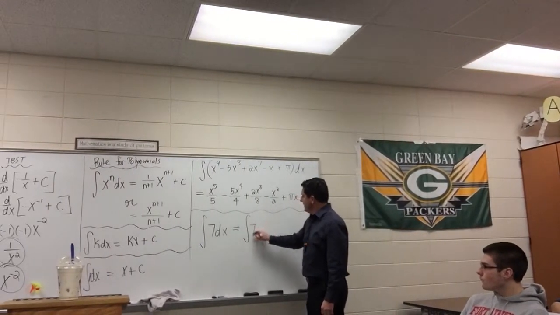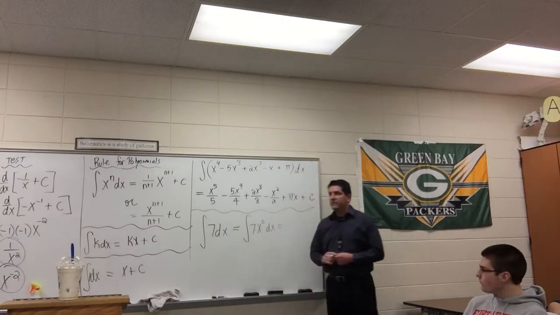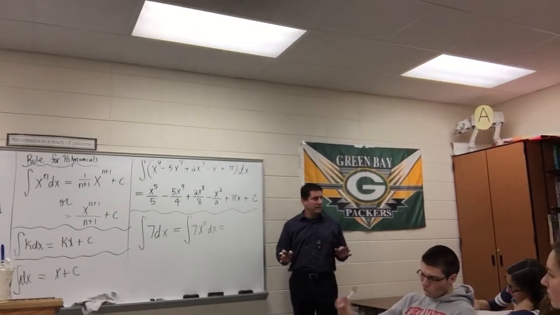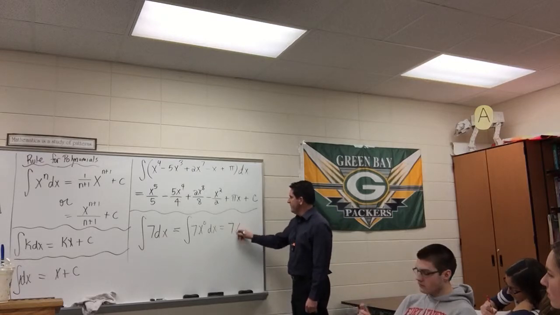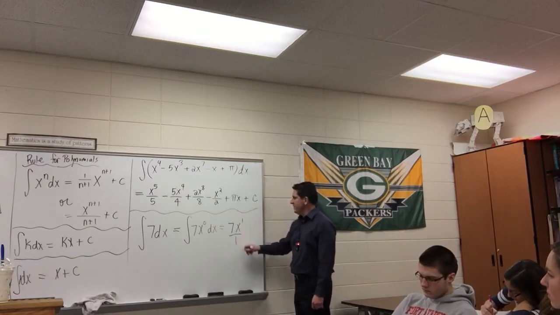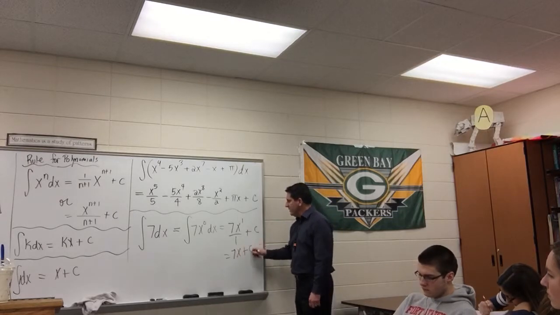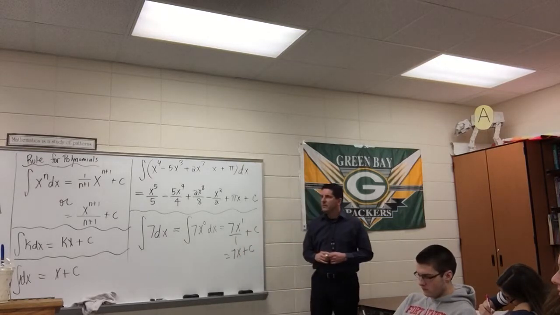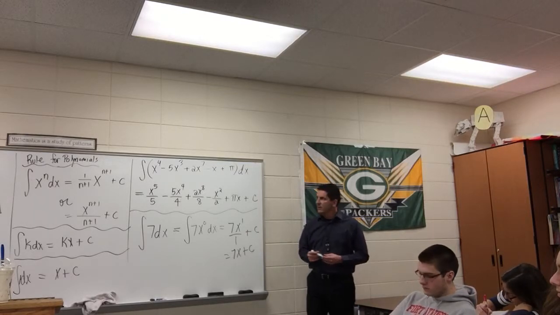This is really 7 times x to the 0 dx. Correct? And then watch how it follows. It's 7 times x to the first divided by 1 plus c, which is 7x plus c. So it still follows the rule. Make sense? Okay.